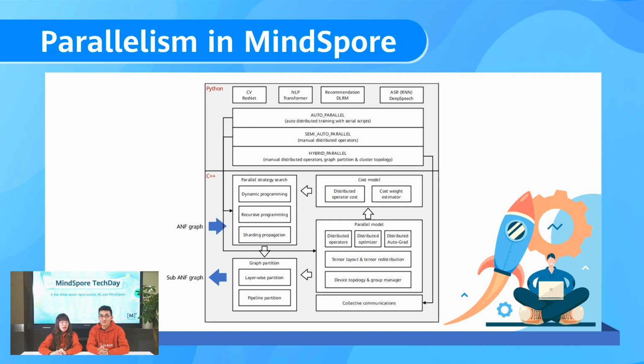Shifting gears a bit, I'm also quite interested in the operators within MindSpore. From what I understand, mainstream AI frameworks often define operators to be intuitive and user-friendly, making them easily understandable and accessible.